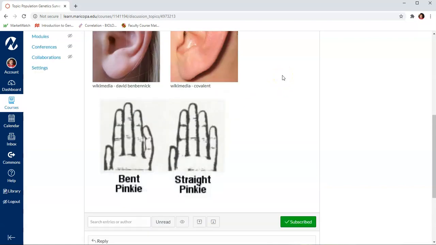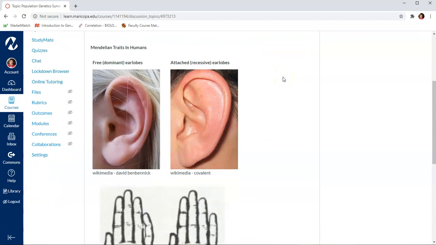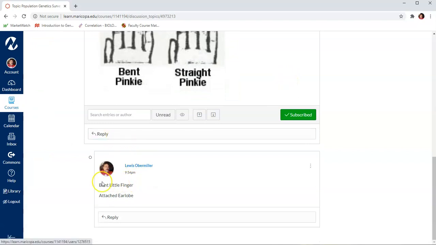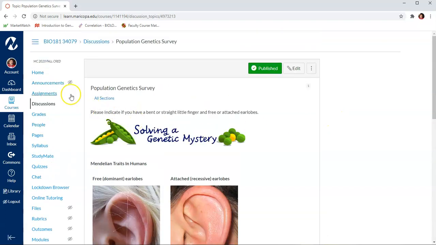I want everybody to answer this because you're going to need to do that for the population genetics lab. We're going to need data because we need to do it on a population. So here I've responded, I have a bent little finger and I have an attached earlobe. And when we get enough people to respond to this, then you'll do that, and I'll just show you.